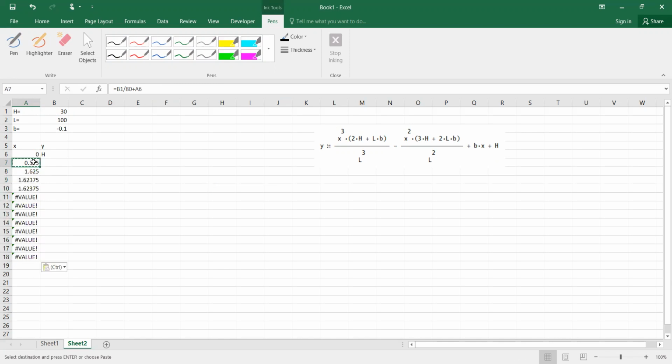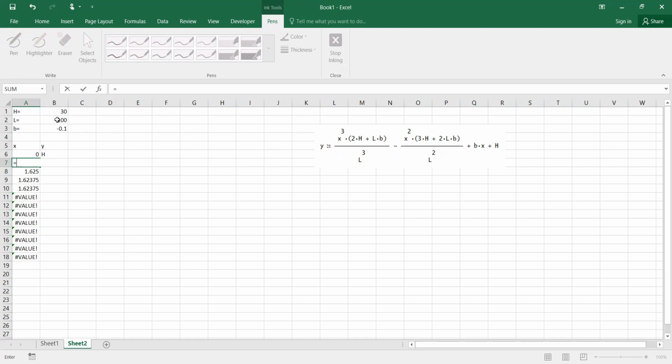Something wrong. What is this? Here B1. It should be the height. It's not the height.